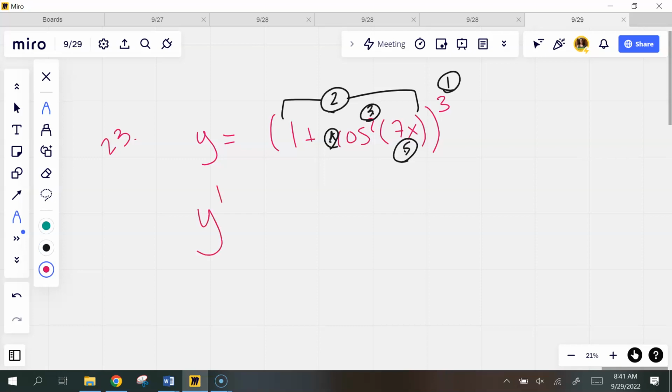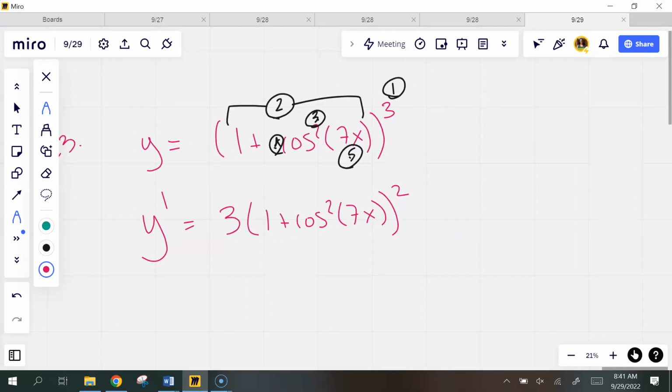Okay, power rule first. So 3 times 1 plus cosine squared, which is really cosine 7x squared, right? Just write it a little different, and then it's squared. Now I need to do the derivative inside the parentheses. Derivative of 1 is just 0. So now I need to do the derivative of this.